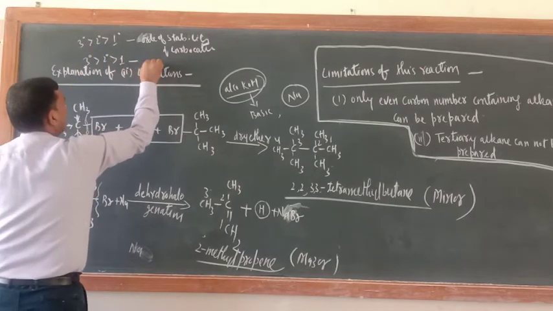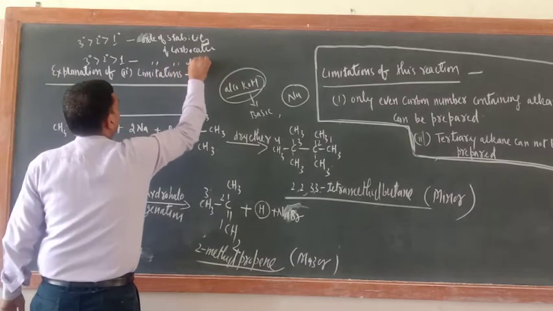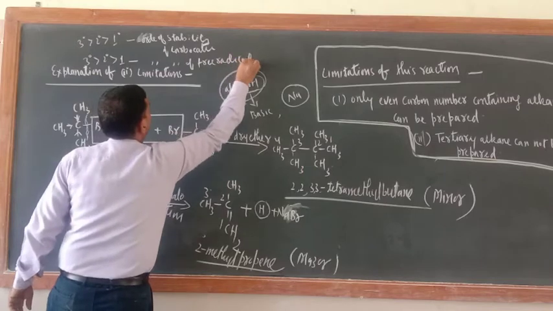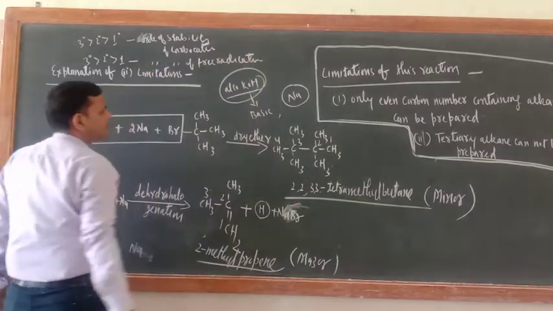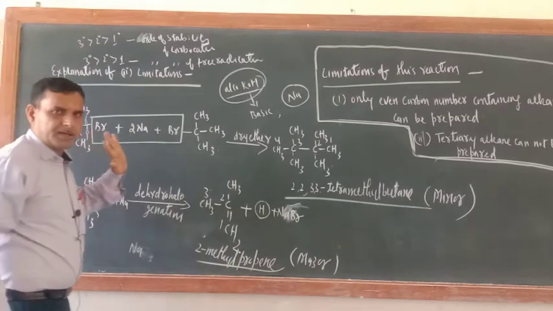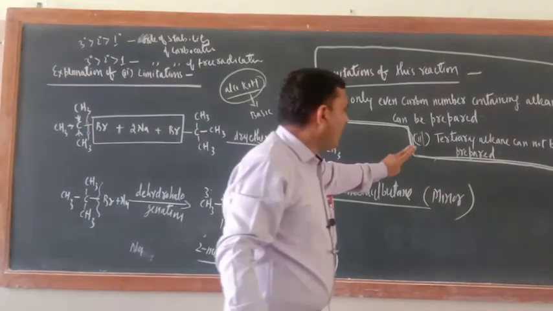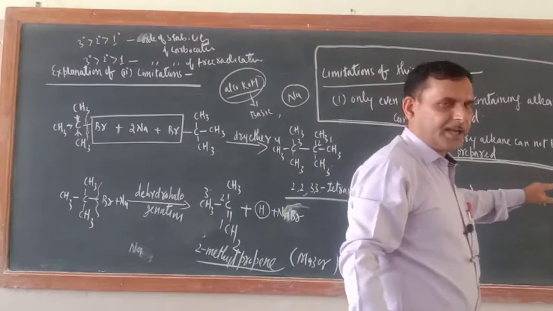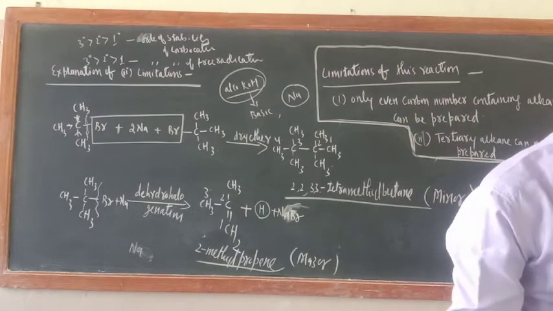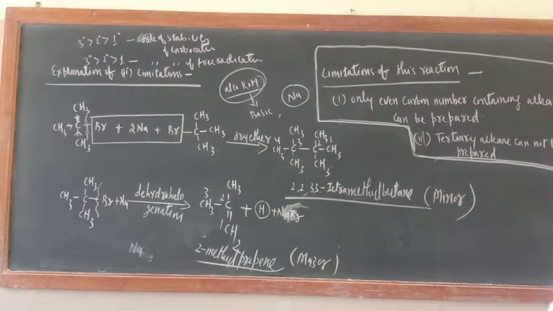Just remember this one. Only the order of stability of carbanion is 1, 2, 3. That is why we avoid making tertiary alkane with the help of Wurtz reaction. So I hope that you have got these two problems.